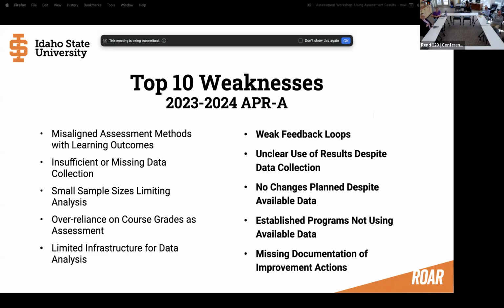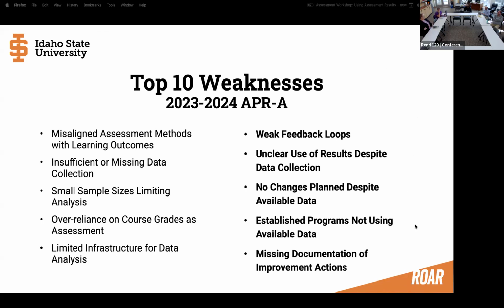Over on the right-hand side, you'll see weak feedback loops, unclear use of results, no changes planned despite that there's data, established programs aren't using data, missing documentation of improvement actions, and this workshop is meant to address all of those in bold.